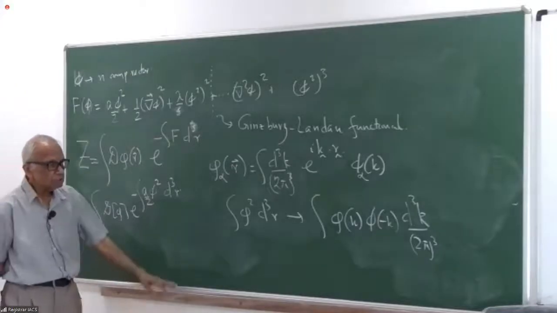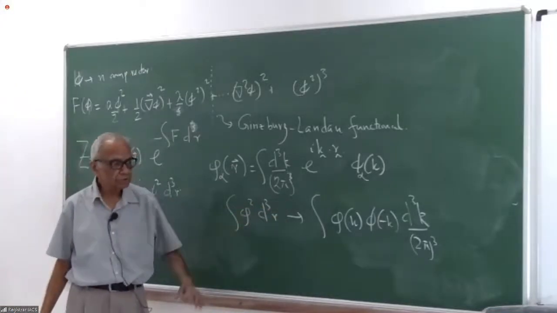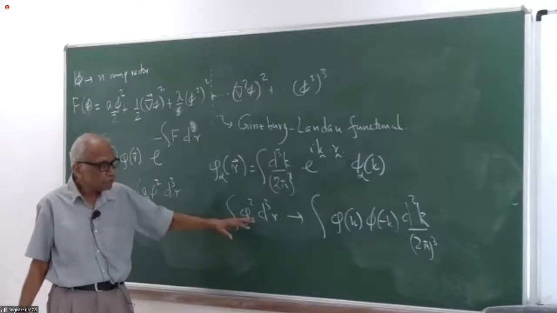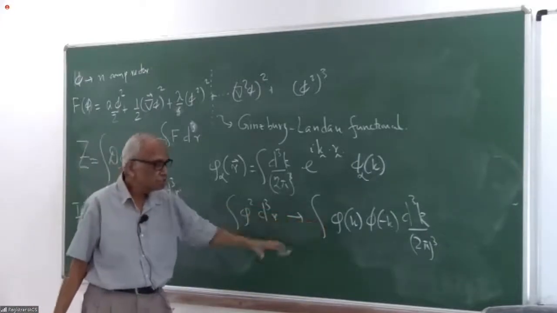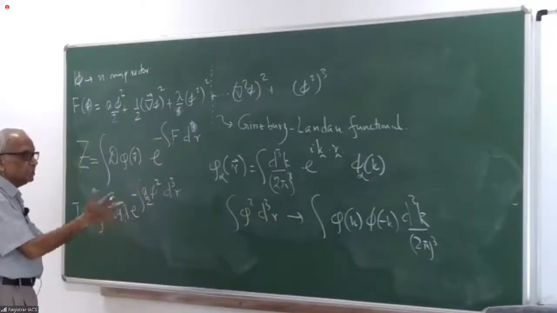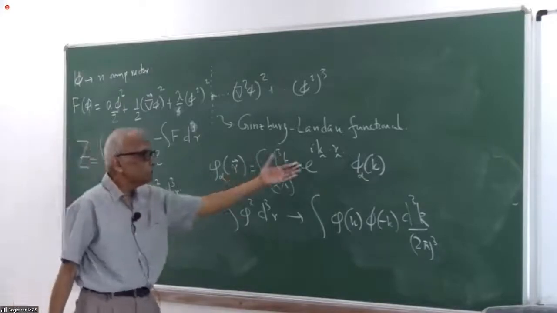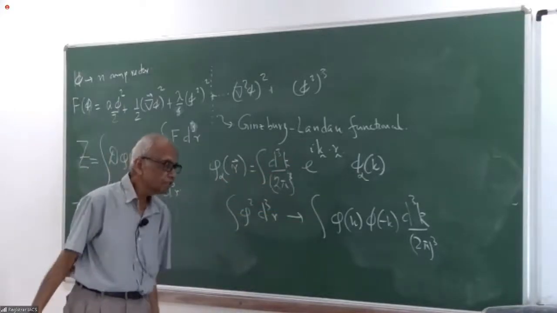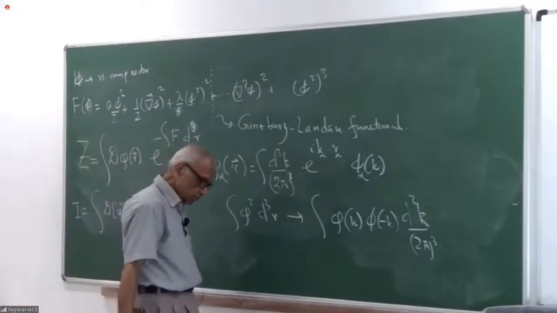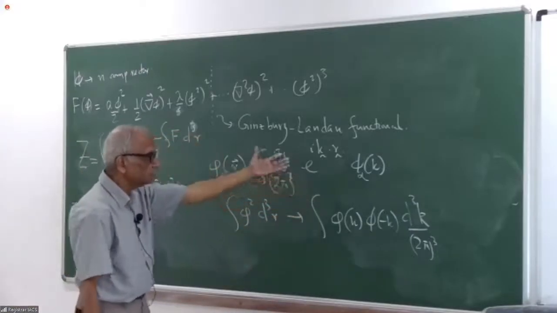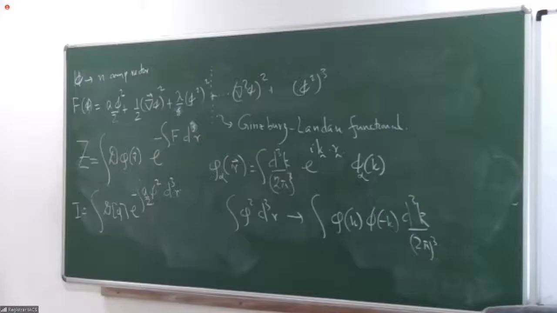So that is what φ squared becomes. That's just taking the Fourier transform, putting this in, doing the integral, getting the delta function defined, and you are down over there.